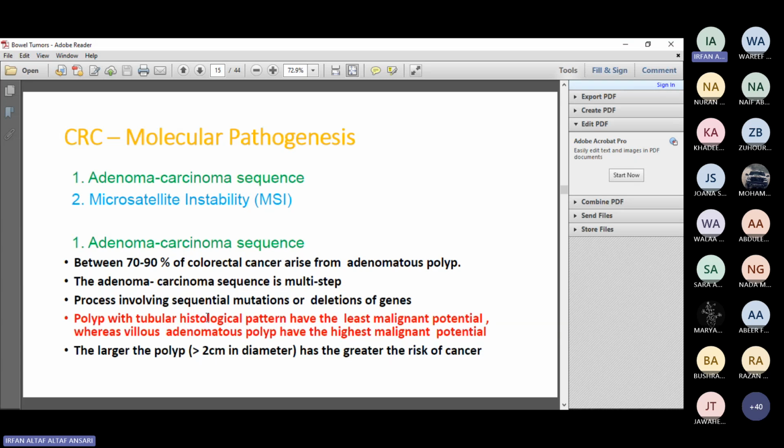Polyps with a tubular histology pattern have the least malignant potential, while villous adenomatous polyps have the highest malignant potential. The larger the polyp, more than 2 centimeters, the greater the risk; size is the most important factor, followed by the histological pattern, which we already discussed earlier.